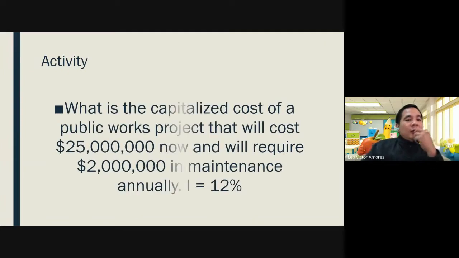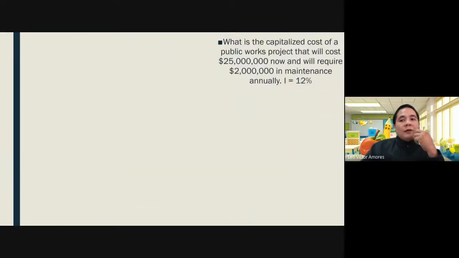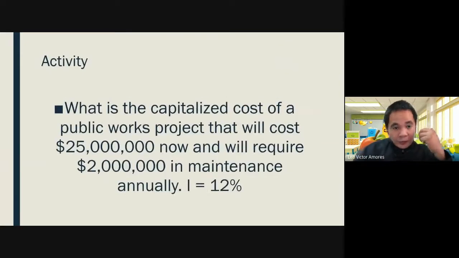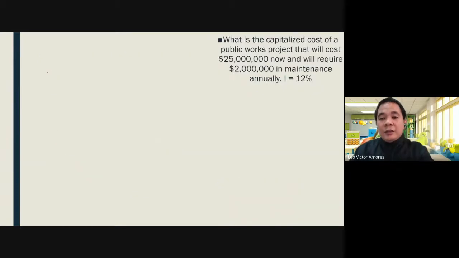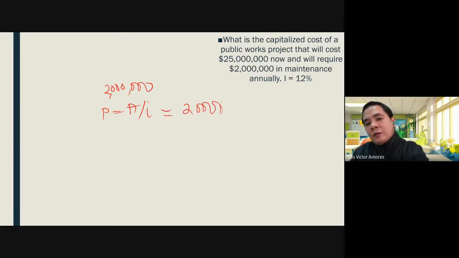So I have an activity. Required to maintain annually. This is a second example. Annually, that is 2 million. Let us get the present value. So, P is equal to A over I, which is 2 million divided by 0.12.